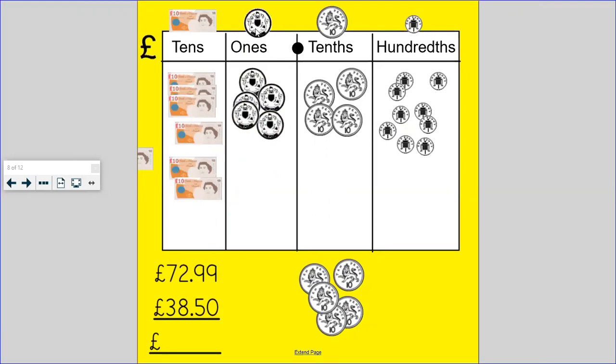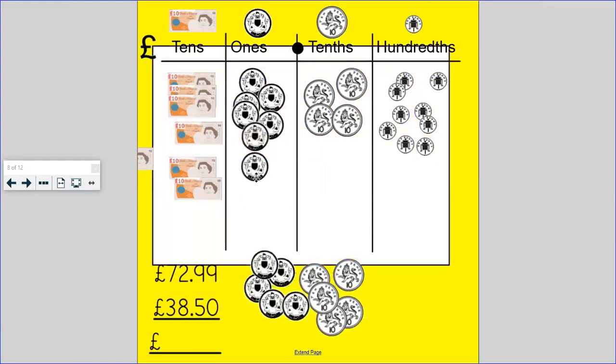1, 2, 3, 4, 5, 6, 7, 8, 9, 10. I've got 10 ones, and I'm going to take away 8 of them. 1, 2, 3, 4, 5, 6. Oh dear.